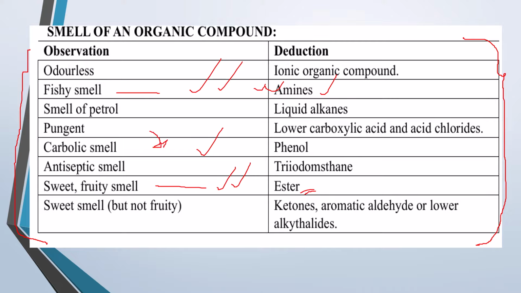We can't explain the smells via the theory, but in noting, make sure that you note amines, and you also note the one for esters together with phenol, and then you ask your teacher about the carbolic smell of phenol, or you can go to your laboratory and try to smell phenol and the scent it produces.